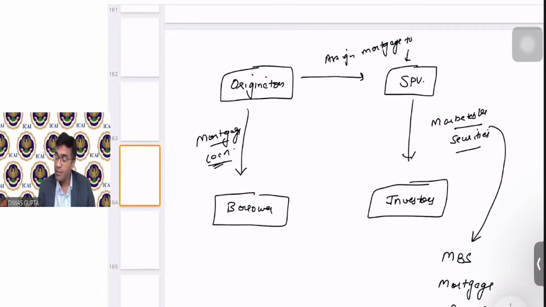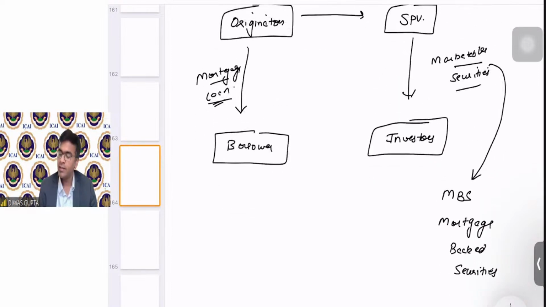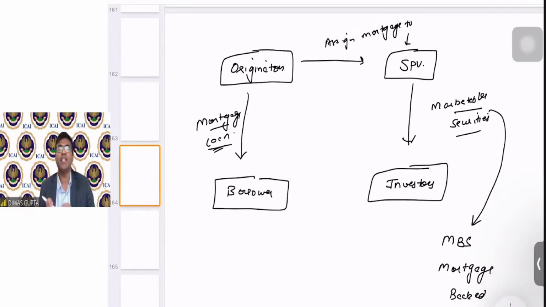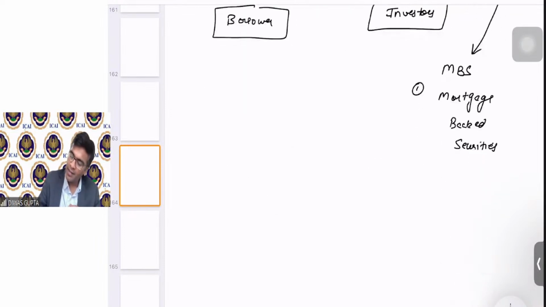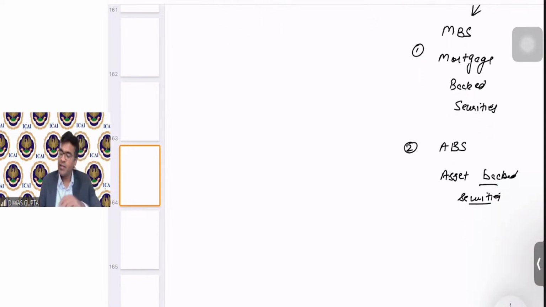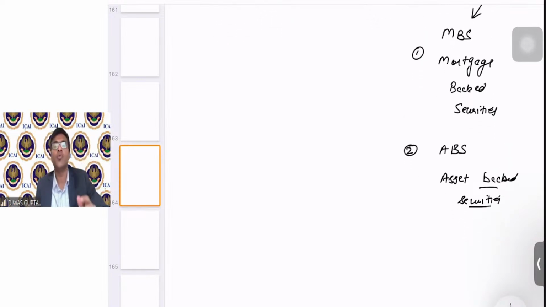Now, these mortgage-backed securities were those securities which have an underlying of such mortgage loans, because those are transferred to the SPV and SPV will issue marketable securities against them. That is point number one. So students, there is something called an asset-backed security also, ABS. Generally, asset-backed securities will have all types of loans.